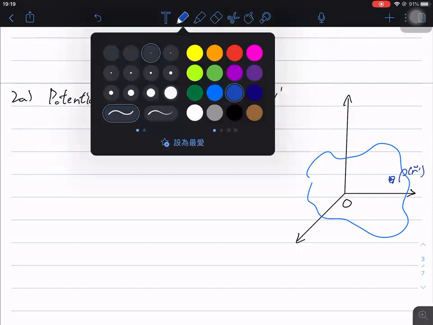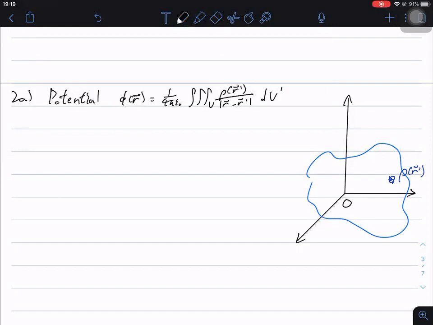We would like to find the potential at an observer at a distance r. So what we basically do is integrate all the contributions of rho, integrating over r prime.